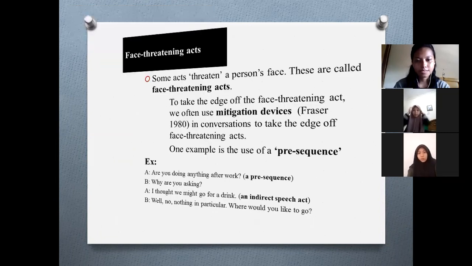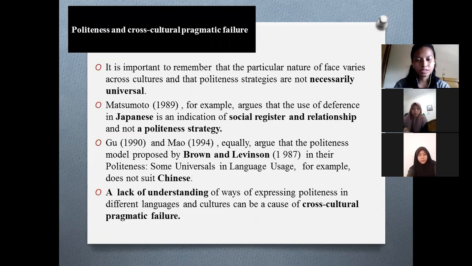And the last material is about politeness and cross-cultural pragmatic failure. It is important to remember that the particular nature of face varies across cultures and that politeness strategies are not necessarily universal. Matsumoto, for example, argues that the use of deference in Japanese is an indication of social register and relationship and not a politeness strategy.